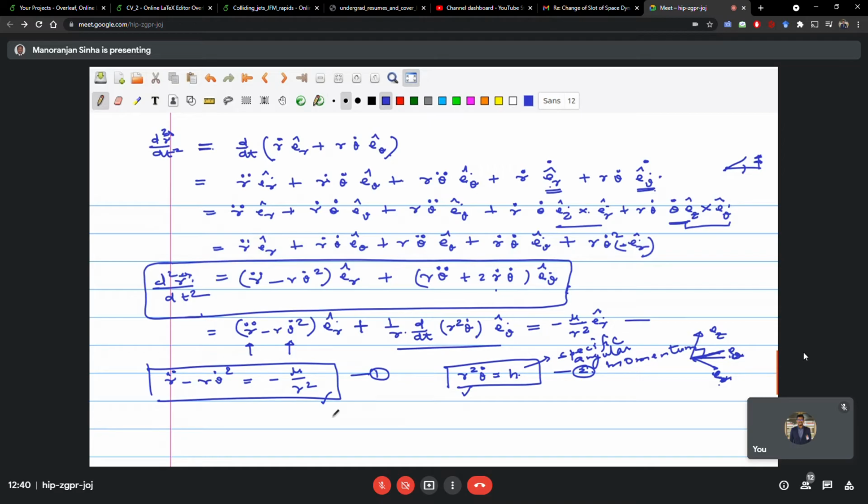The solution to this equation turns out to be a conic section. So what we need to do here is replace this theta dot from this place into equation 1. The theta dot is to be inserted.